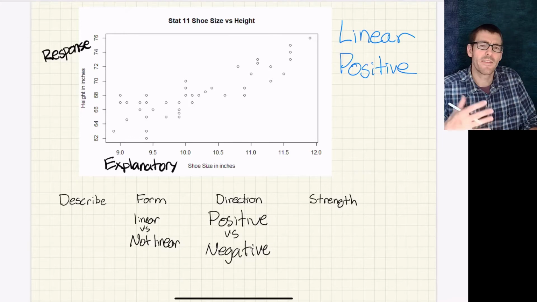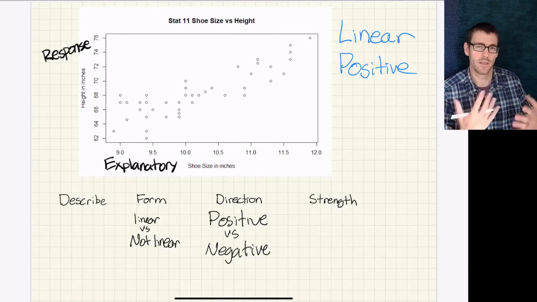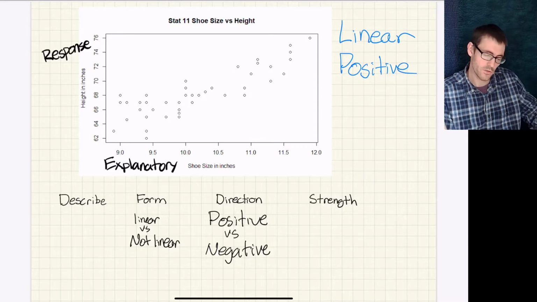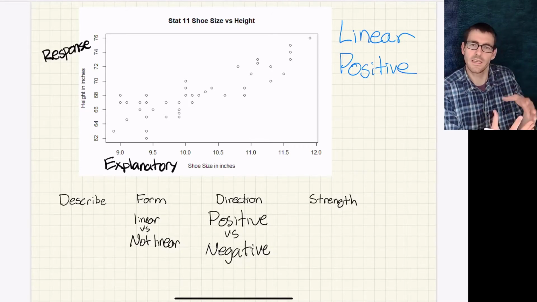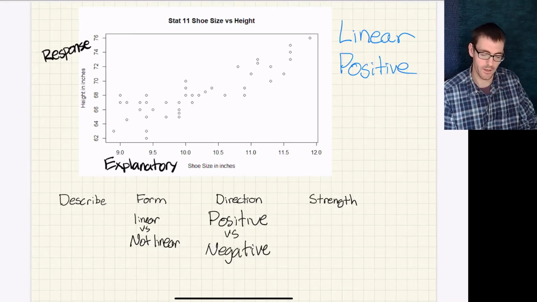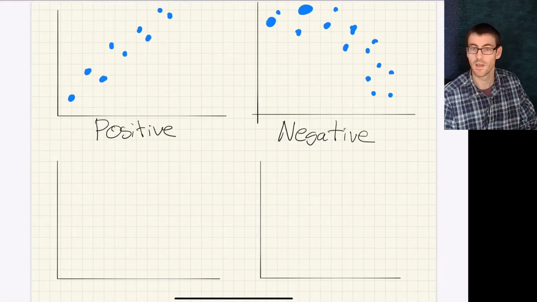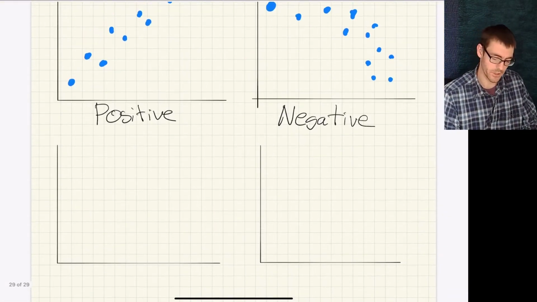And then the last term that we want to discuss is the strength of the association. Strength talks about how close it is to actually following whatever model it is that we're talking about. And this doesn't necessarily even have to be about some linear relationship.